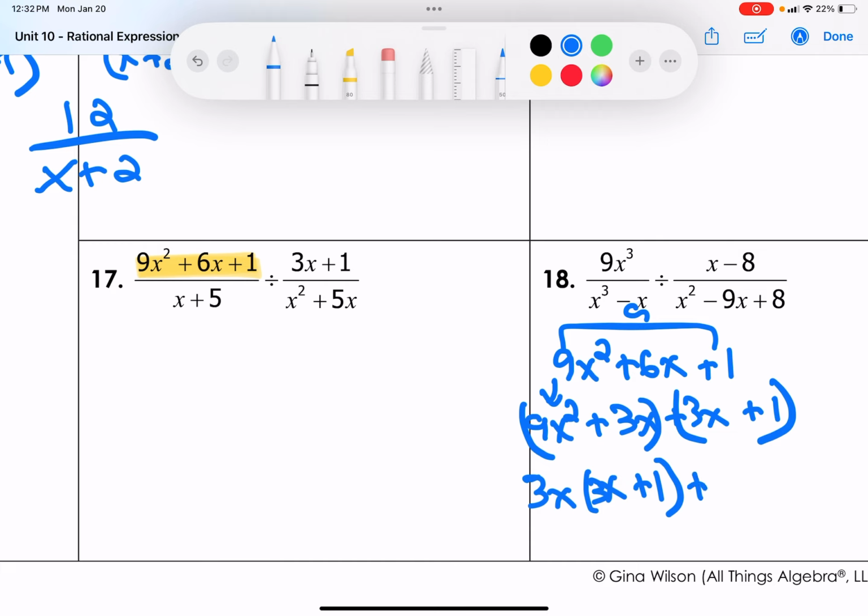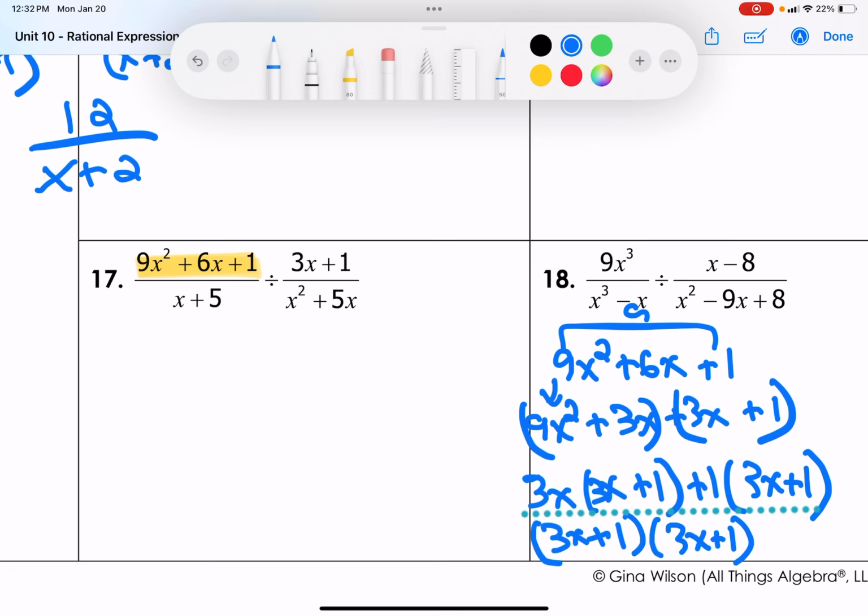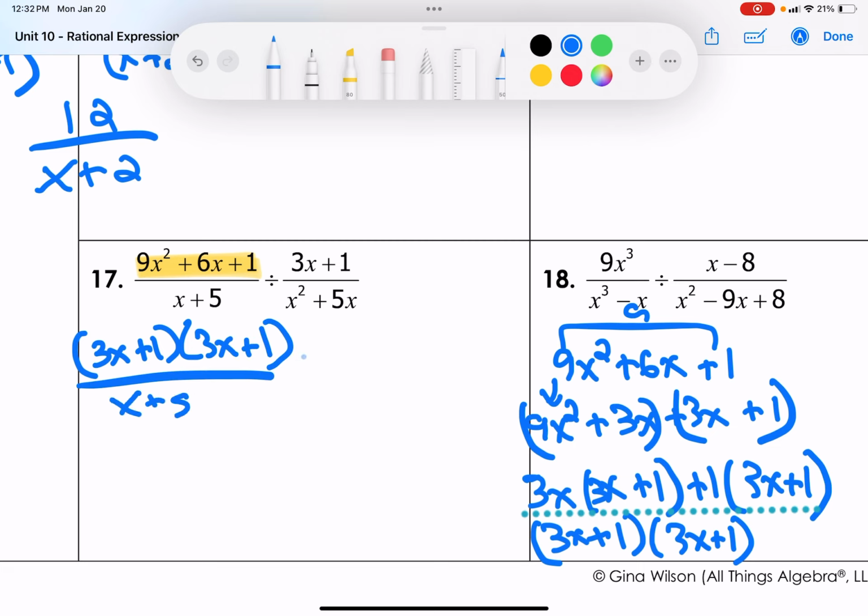And now plus a, what can I factor out from the left side? Yep, okay, so it's just that plus 1 and 3x plus 1. So now I got 3x plus 1 times 3x plus 1. All right, so that's what I got on my left side. So I'm going to have 3x plus 1 times 3x plus 1 all over x plus 5.